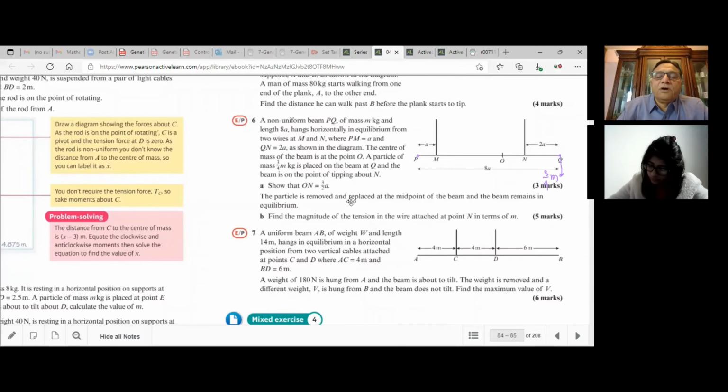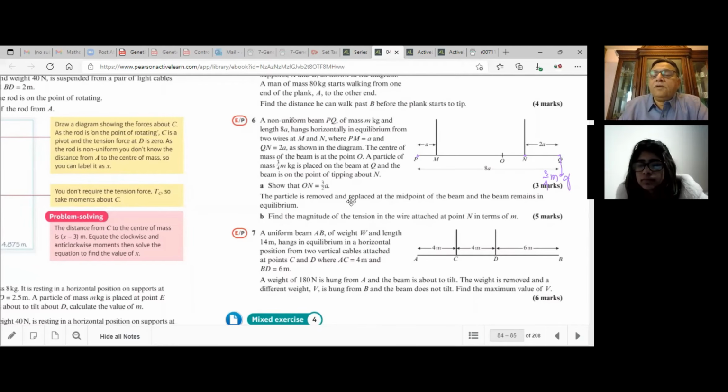The beam is on the point of tipping about N, so 3/4 mg at Q, and at O it's mg. Wherever we have m, we'll have mg. The particle is later removed and replaced. The first part is: show that ON is 3/2 a.